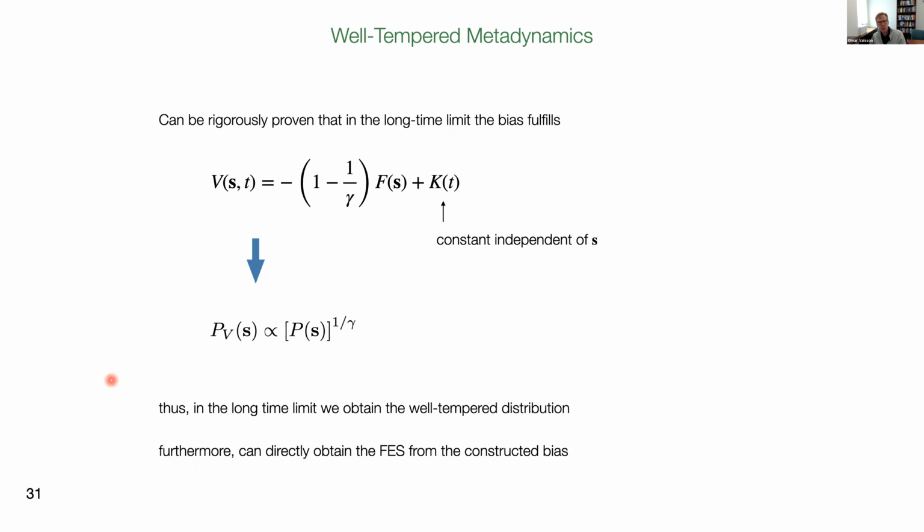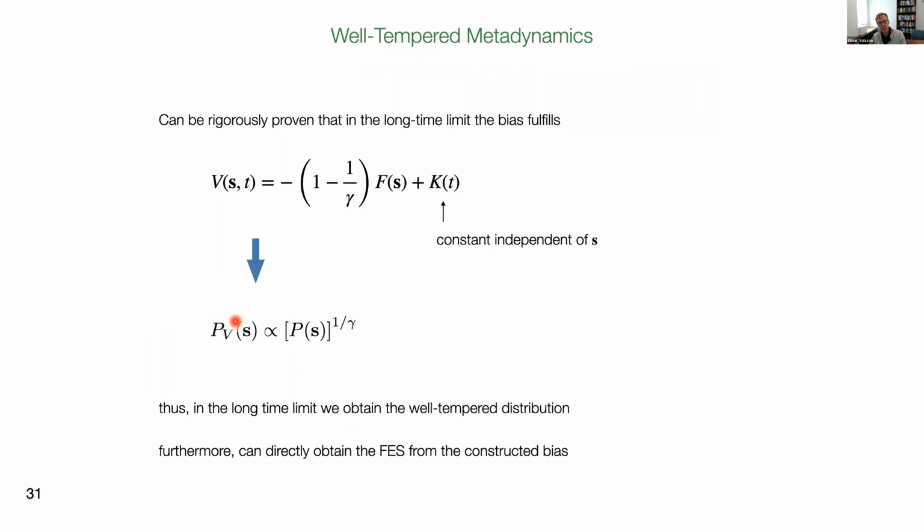So one can show in the long time limit that this bias fulfills this equation here. And this is basically the same as the well-tempered distribution that we showed before, where this K of T is a constant independent of the CVs. So one can show in well-tempered metadynamics that in the long time limit, we obtain this well-tempered distribution. So basically this bias factor that is a parameter in the metadynamics determines how much we enhance the fluctuation.